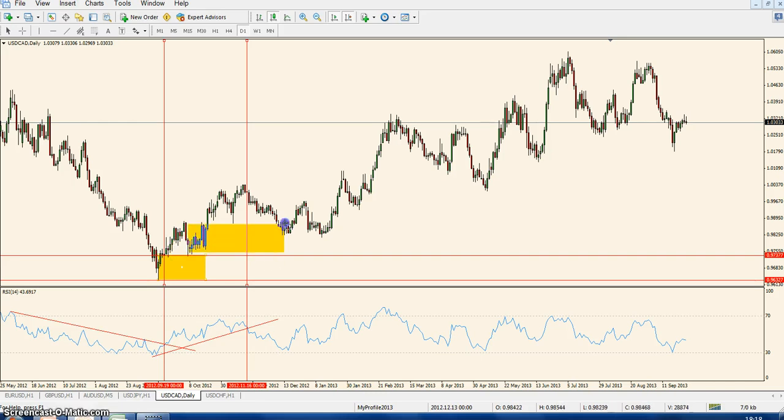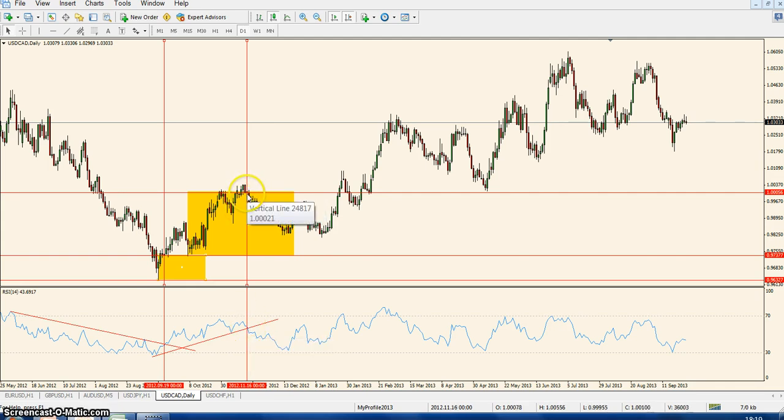So the total... okay, the break of this trend line aligns with the bar here, and it is the closing of that bar that I have put my line on.